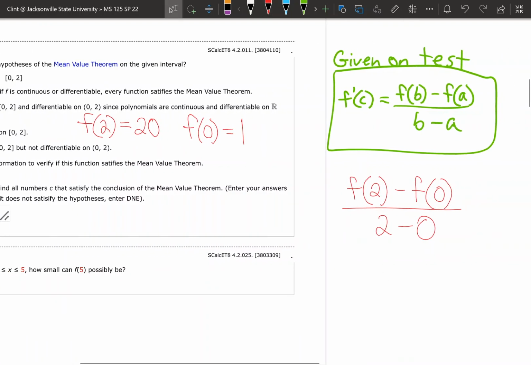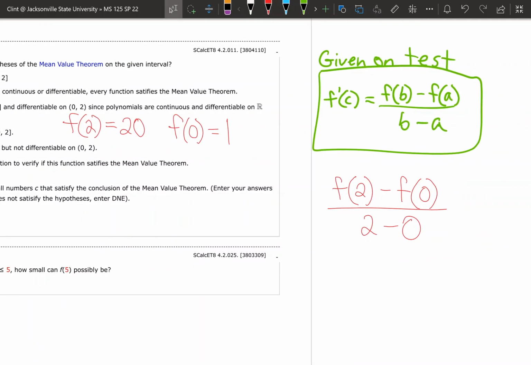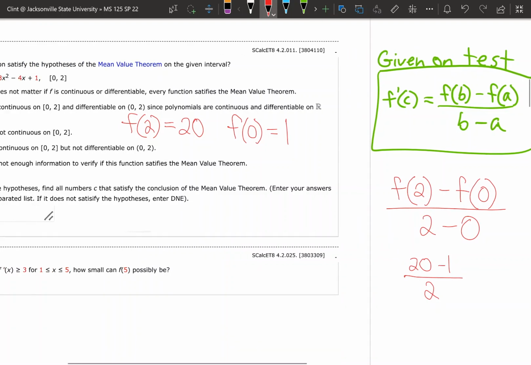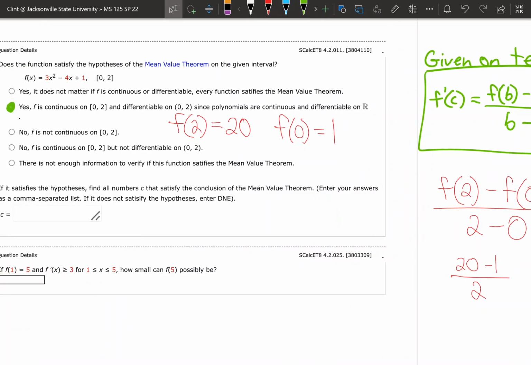So plugging in down here, we get 20 minus 1 over 2. Oh, this one's ugly. Did I do that right? Anybody check my math on that? Okay, I hope it's not. Let's see. So, yeah. 12 minus 8. Yeah, that's right. Yeah, I think I hit the wrong key for something.